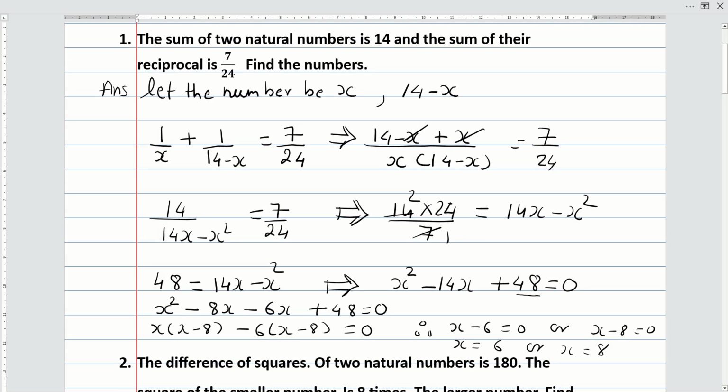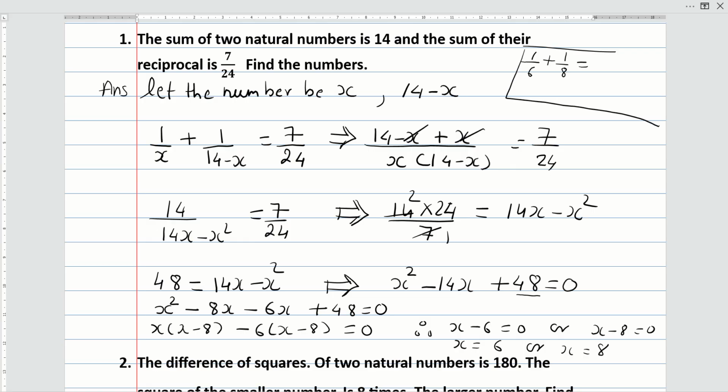I hope you understood. So find the numbers. The numbers are 6 and 8, and if you see the condition, it will match. The sum is 14, 6 plus 8 is 14. So our first condition is fulfilled. And let us see the sum of their reciprocals. 1 upon 6 plus 1 upon 8, if I do the LCM, this is checking I am doing.